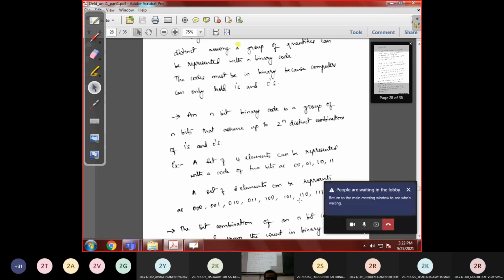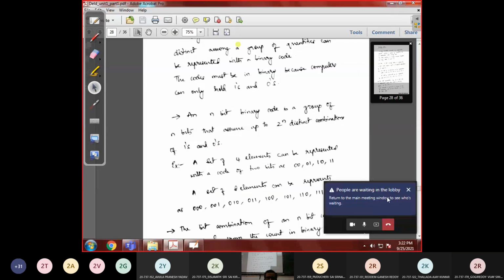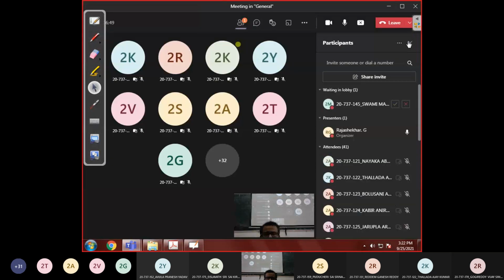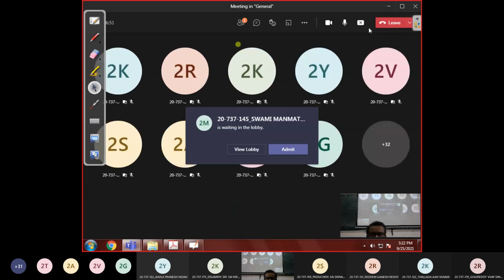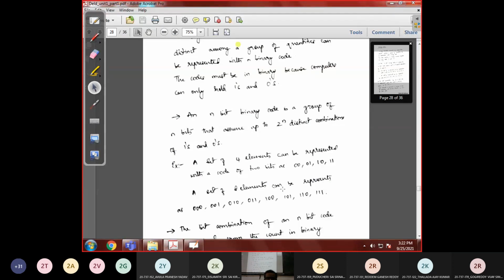So in this way, depending on the number of bits you are using in the representation, I can have so many binary combinations there. Am I clear? If I want to represent a set of 4 elements, I can give the binary code 0, 0 for the first element, 0, 1 for the second element, 1, 0 for the third element, and finally 1, 1 for the fourth element.